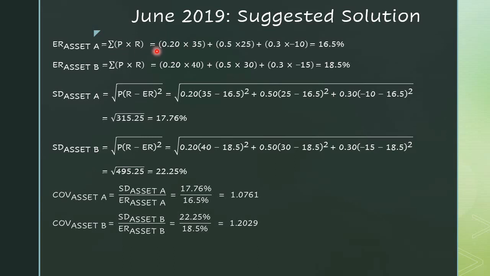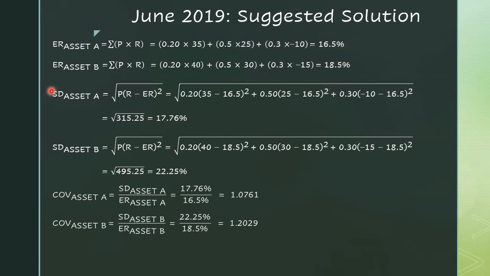Instead, you must use the decimal form, meaning 0.2 times 35, 0.5 times 25, 0.3 times negative 10. Please remember probability is a weightage amount, so it must equal 1. Use your scientific calculator, key in all the figures in one go, and you should get your answer of 16.5%.